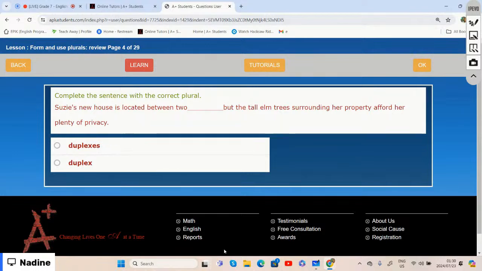So we can say beautiful. Option one is correct. So we say Susie's new house is located between two duplexes. One duplex, but if there's more than one duplex, then we say duplexes. Option one.